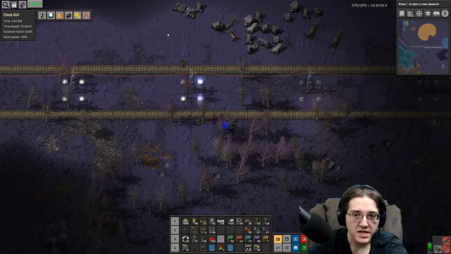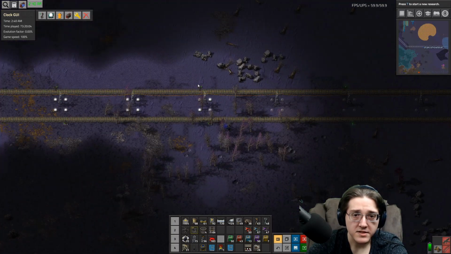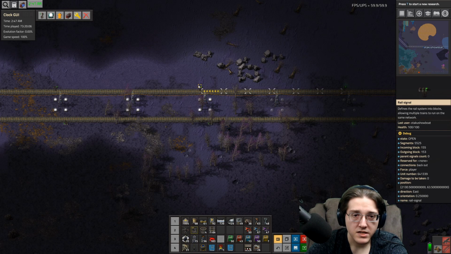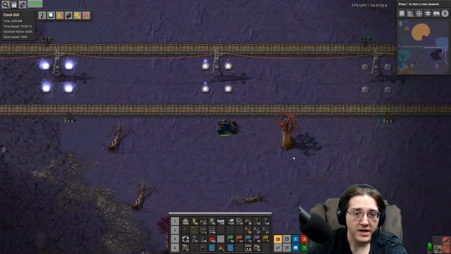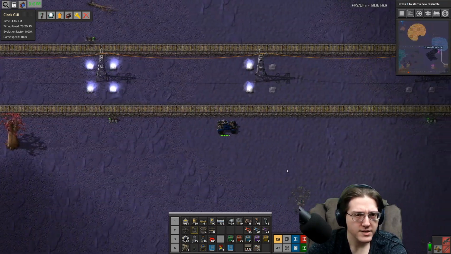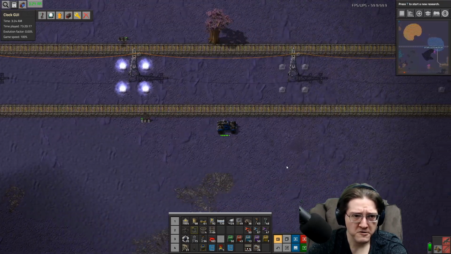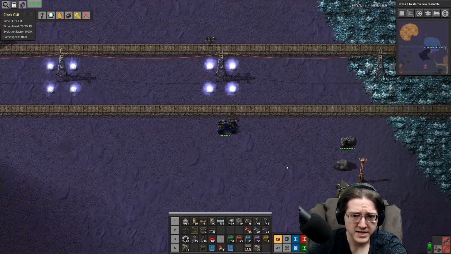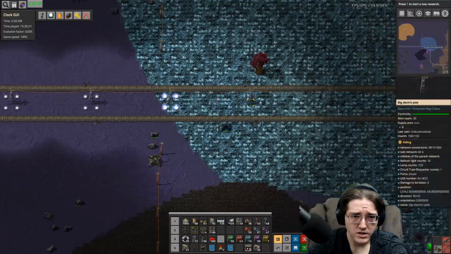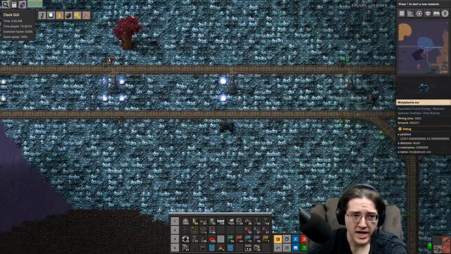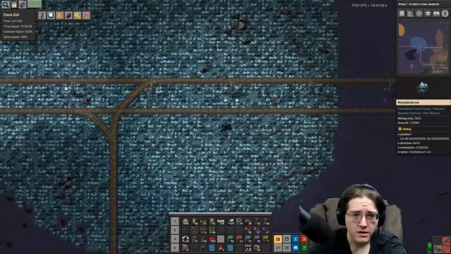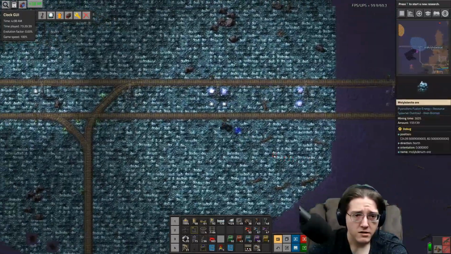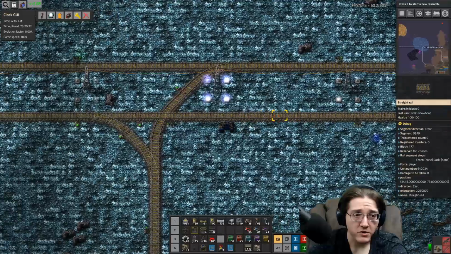Now, the spacing on these rail signals is exactly 6, which is the length of my trains. My trains are 2-4 trains. 2 locomotives to 4 wagons. So it's 6 total length, and that does seem to be consistent with this particular set of blueprints.